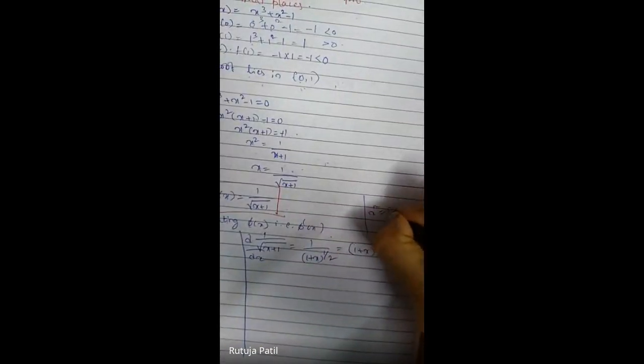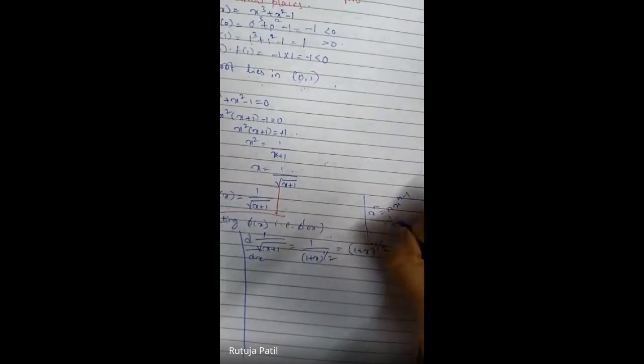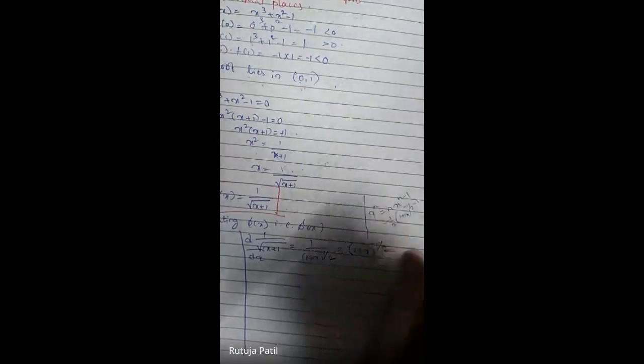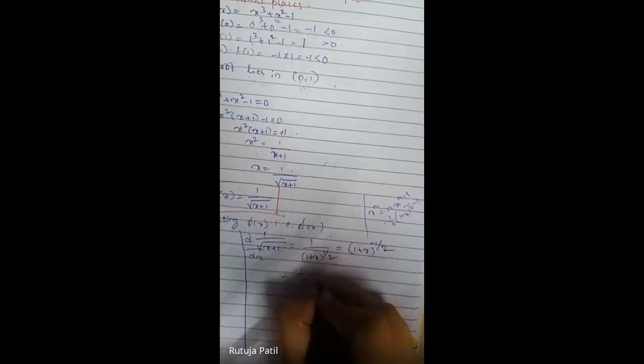Now you can see this is in the form of x to the power n again. If you differentiate, what we will get? n into x to the power n minus 1, right? Since here n is nothing but minus 1 by 2, we write minus 1 by 2, 1 plus x to the power minus 1 by 2 minus 1.